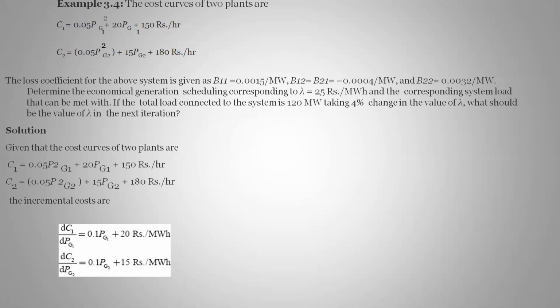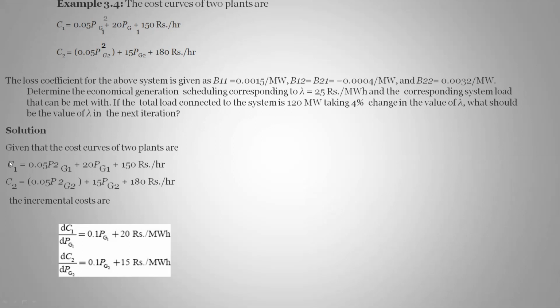So dC1 by dPg1 is equal to 0.05 into 2, so 2 into 0.05 is 0.1 Pg1 plus 20. Next, dC2 by dPg2 is equal to 0.05 into 2, so 0.1 Pg2 plus 15 rupees per megawatt hour. The constant values 150 and 180 become 0.